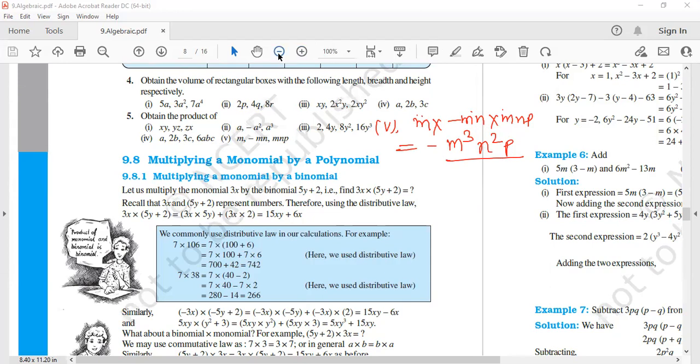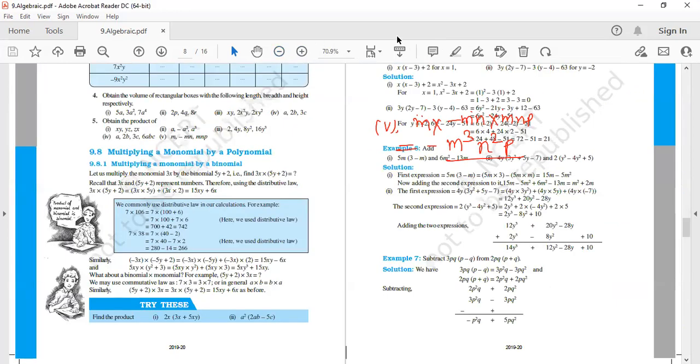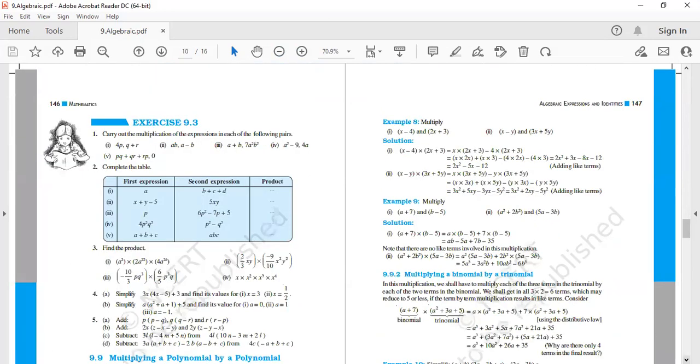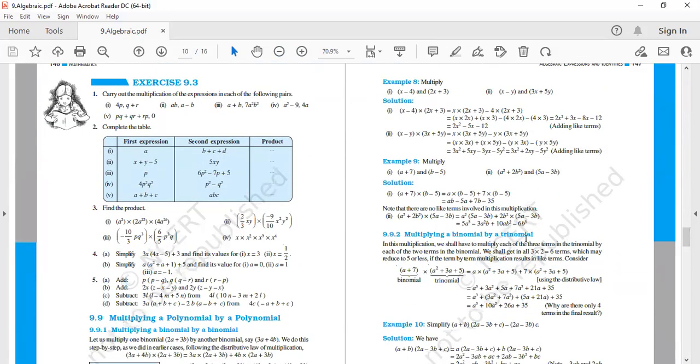So exercise 9.2 is completed. Now moving on to the next exercise, that is 9.3. So let us just wait for a minute. I will move on to the next exercise 9.3. I hope the screen is visible. 9.3 exercise. So now in this exercise we will learn about multiplication of monomial by binomial and monomial by trinomial.